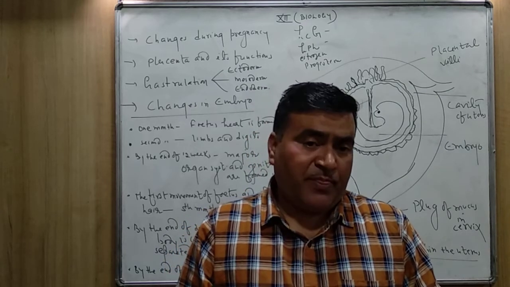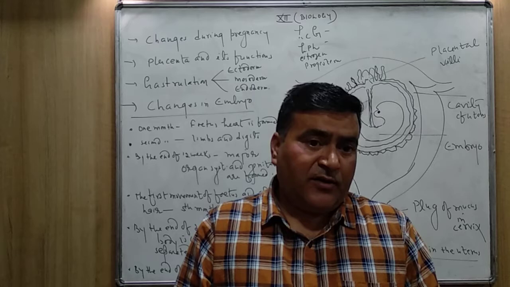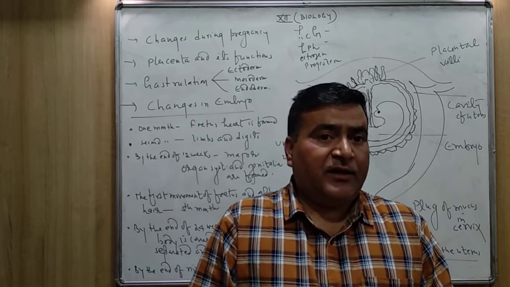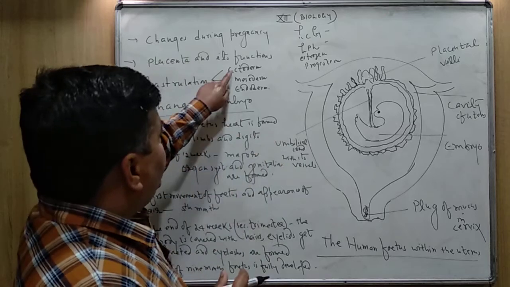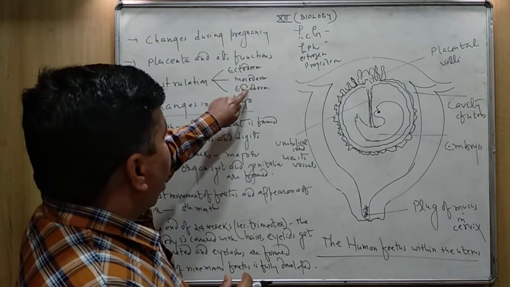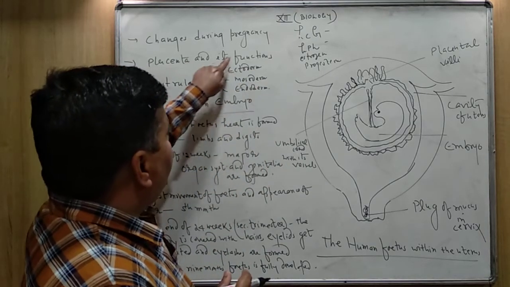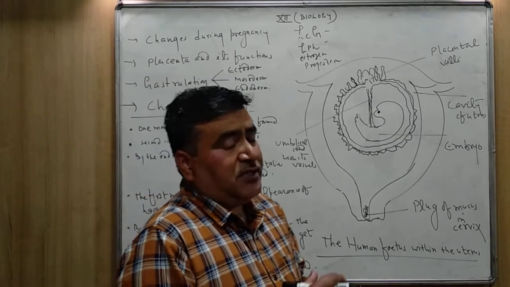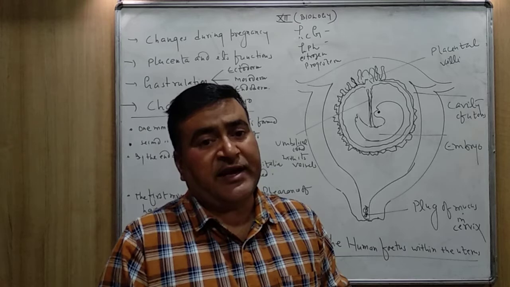The embryo having 3 germ layers, these are ectoderm, mesoderm and endoderm, is called the gastrula.